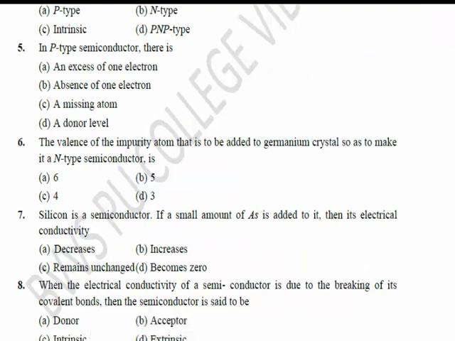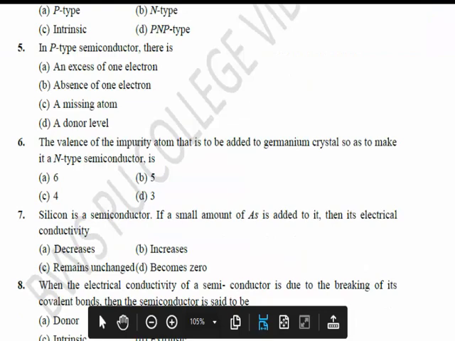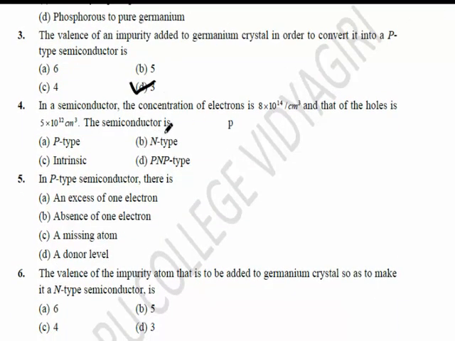Fourth question. In a semiconductor, the concentration of electrons is 8 into 10 raised to 14 per centimeter cube, and that of holes is 5 into 10 raised to 12 per centimeter cube.